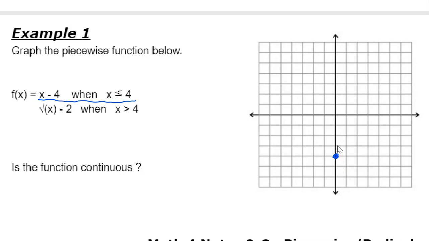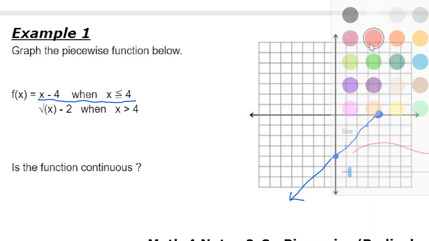Slope of 1 means up 1 over 1, up 1 over 1, up 1 over 1, and we'll go to the point where x is 4. We're going to stay on the lower side of 4, x is less than or equal to, means we'll put a nice big dot there and then draw our line back down this way. And so that will be the first half of our graph.